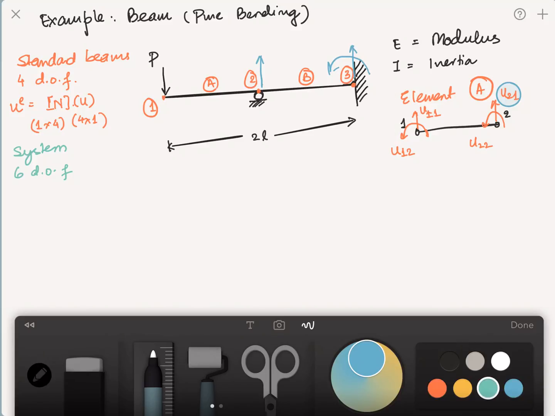So in this case, I have a force acting downwards, which is given as P, and there's no force about the other direction. At 2 there are no forces at all, and at 3 as well.